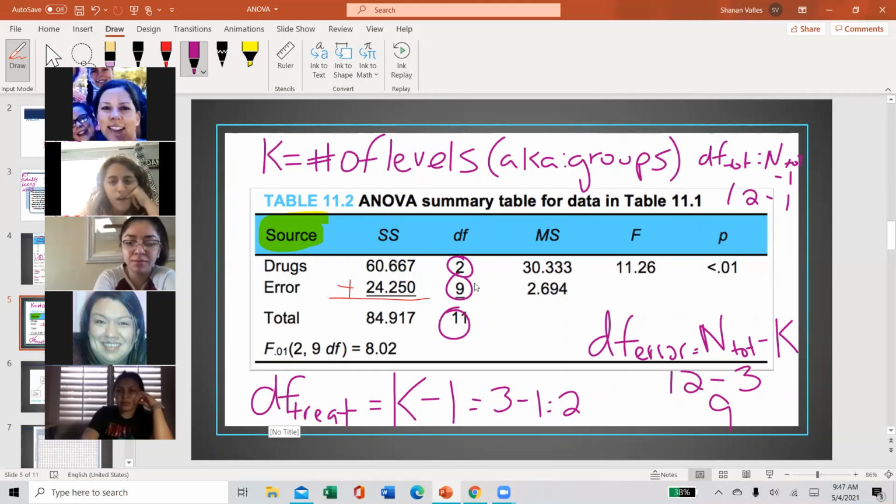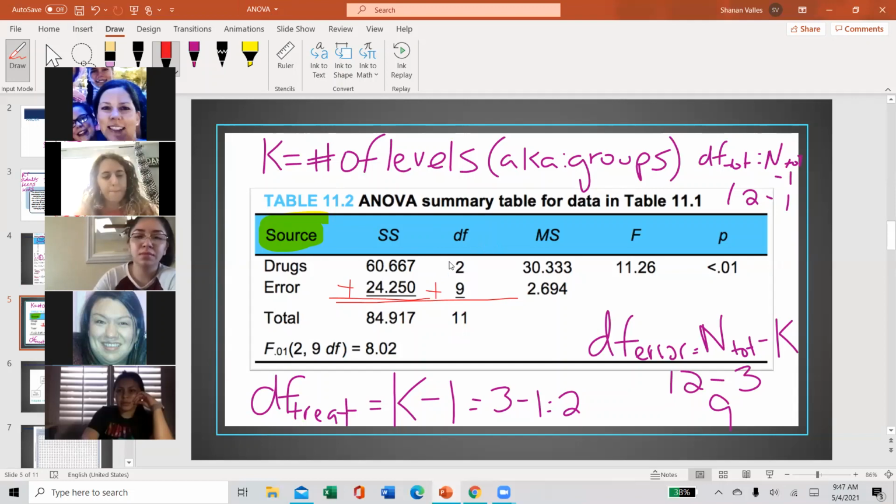It just serves as a check for these two, because just as with our SS, the same thing works for degrees of freedom. Degrees of freedom treatment plus degrees of freedom error will equal degrees of freedom total. These will add up, and these will add up.